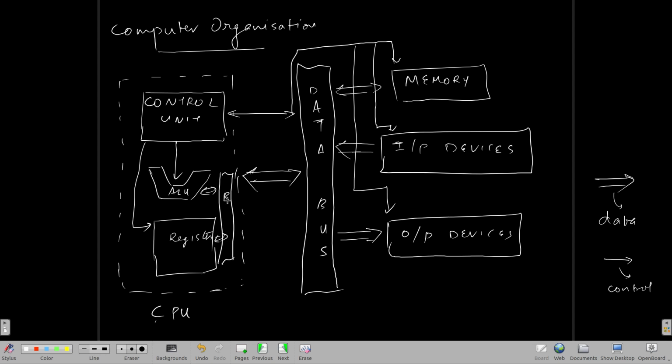This is also a bus, but I'm not showing this. So basically understand, there is data flow between the CPU and the other devices, and there is flow of control between the control unit or the CPU and the other devices.